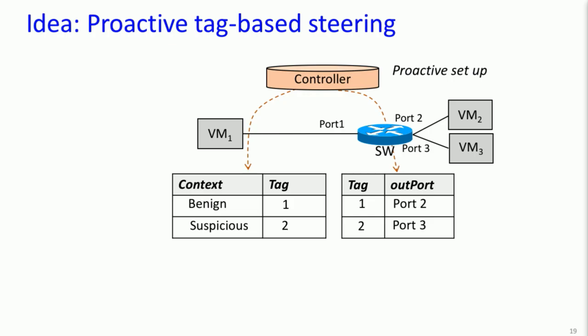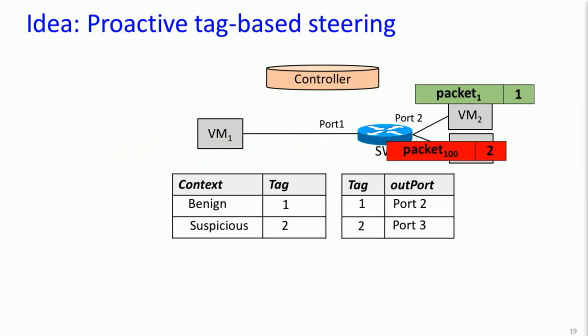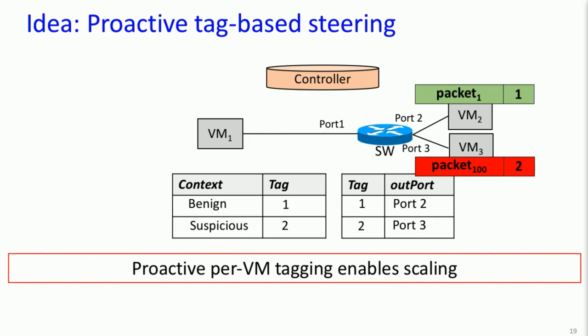And the switch is going to be forwarding traffic just by looking at the tag values. The effect of that is, when traffic arrives, first of all, there is no need for any interaction between the data plane and control plane. And also, the size of the forwarding table of the switch is now on the order of the number of next hop VMs, which is a function of our policy, as opposed to the number of distinct flows, which is something the attacker could control. So that is how we make the system scalable by using this proactive and per VM tagging scheme.